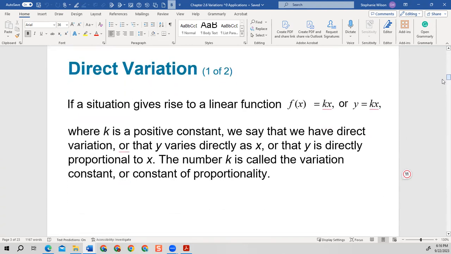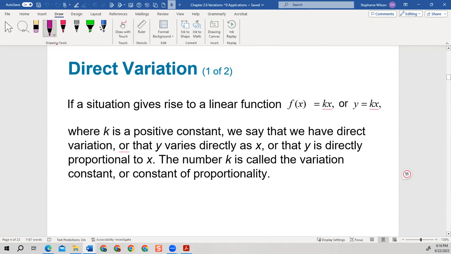The direct variation: if a situation gives rise to a linear function, so we have f of x is equal to kx, or y, because we know that f of x is equal to y, so we can say y equals kx, where k is a positive constant.